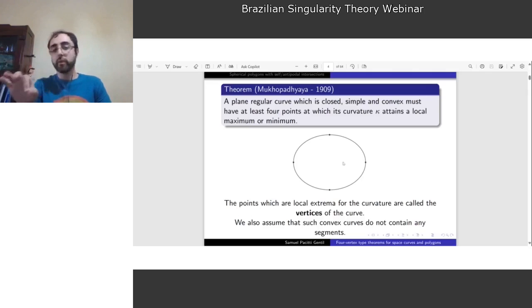If you pick two different points, the segment spanned by these two points is also contained in the interior of the curve. His theorem states that such a curve will have at least 4 points at which its curvature function kappa attains a local maximum or a local minimum. And these 4 points are called the vertices of the curve.